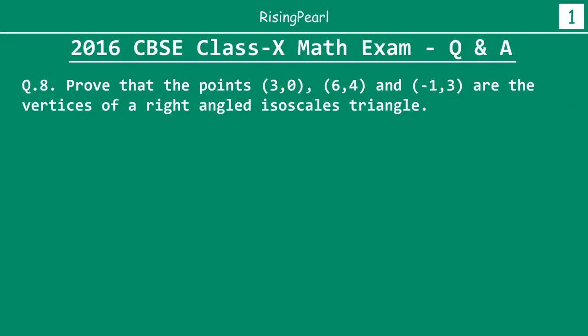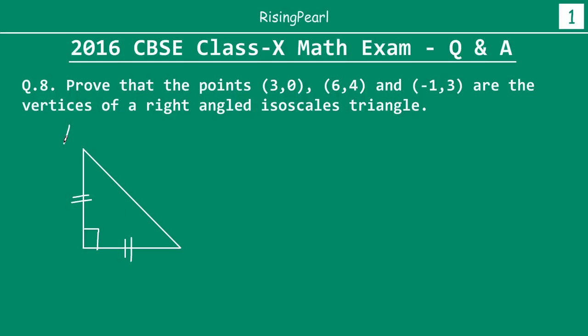When you get a question like this, the first thing to note is that an isosceles triangle is a triangle where two of the three sides are equal. We have to prove that these points are the vertices of a right angle triangle. So we have drawn a right angle triangle.